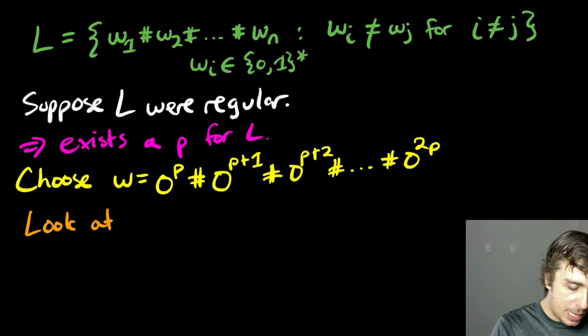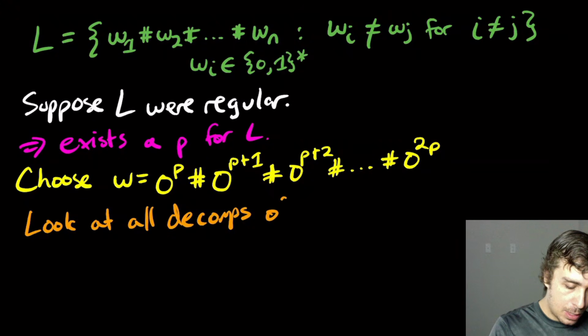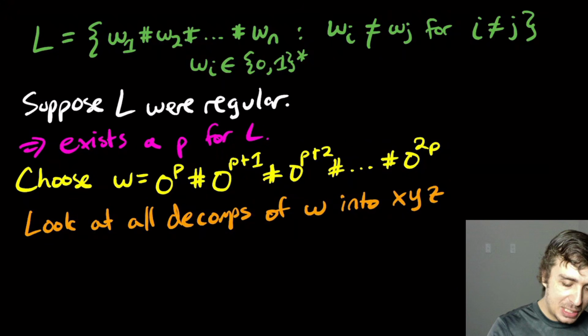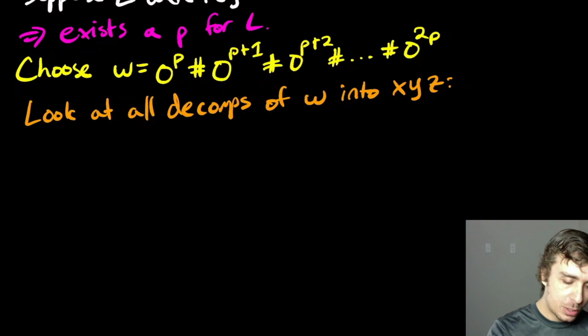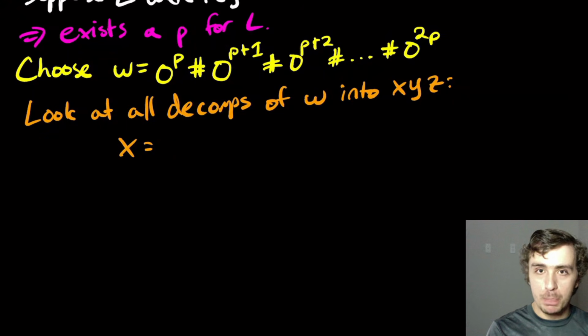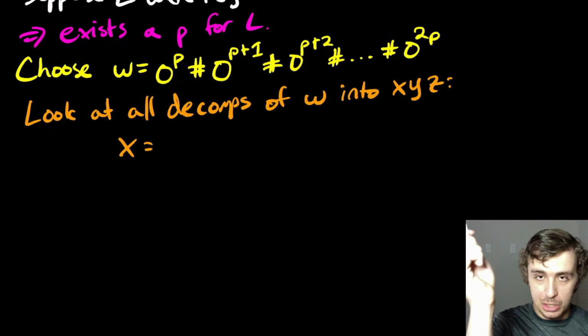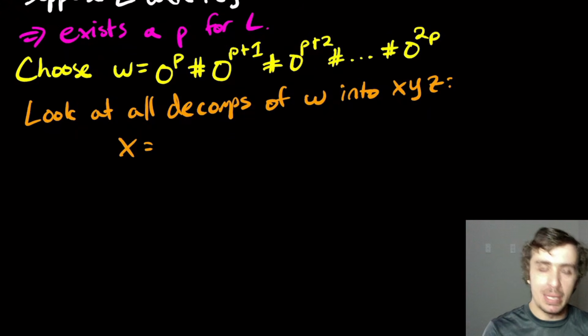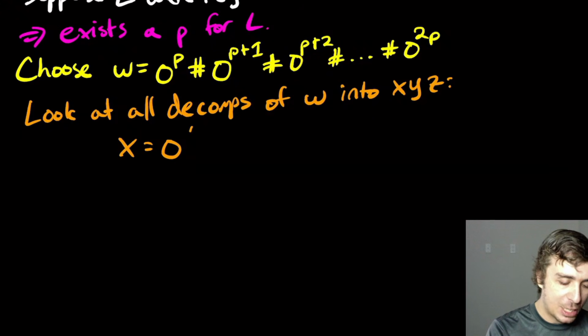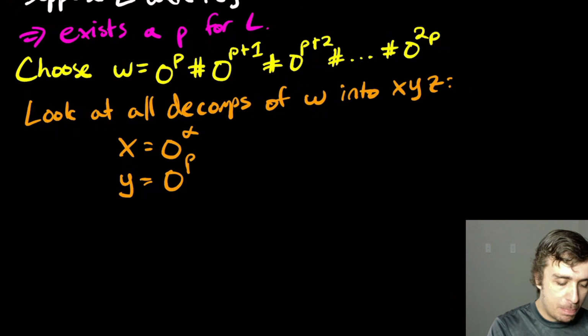We need to look at all decompositions of W into X, Y, Z according to the rules. The rules say that X and Y have at most P characters. In this case, since the string starts with P zeros, we must have all zeros in the X part. Let's say alpha of them. And Y has beta zeros.